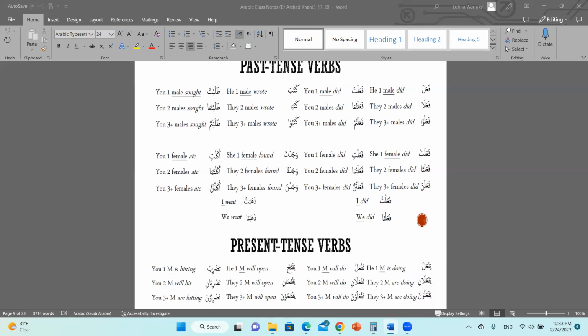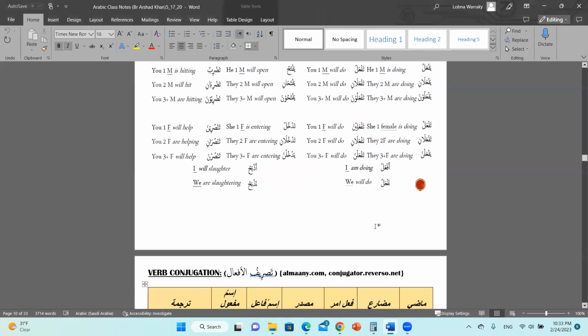Let me just see if I have another form in which it explains more. Okay, I want to cover this also, inshallah. Just like how you have yaf'aluna, for the feminine form also, for male, you doing and for she doing is the same.